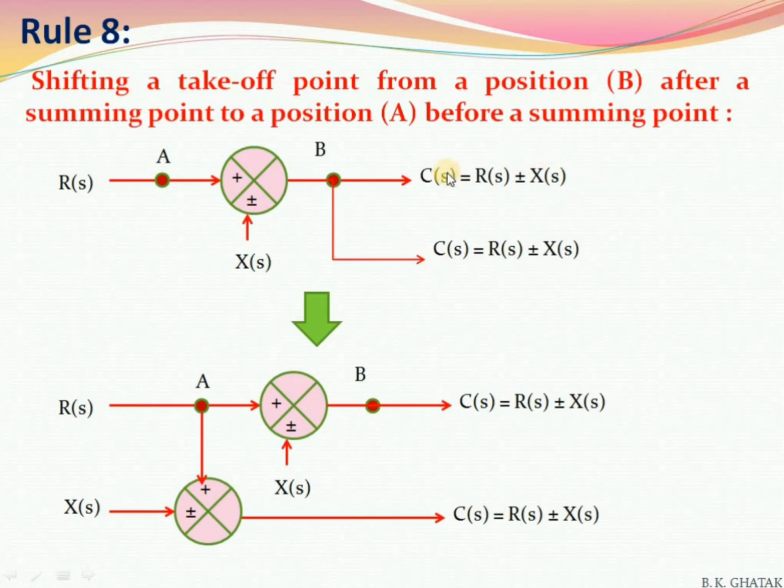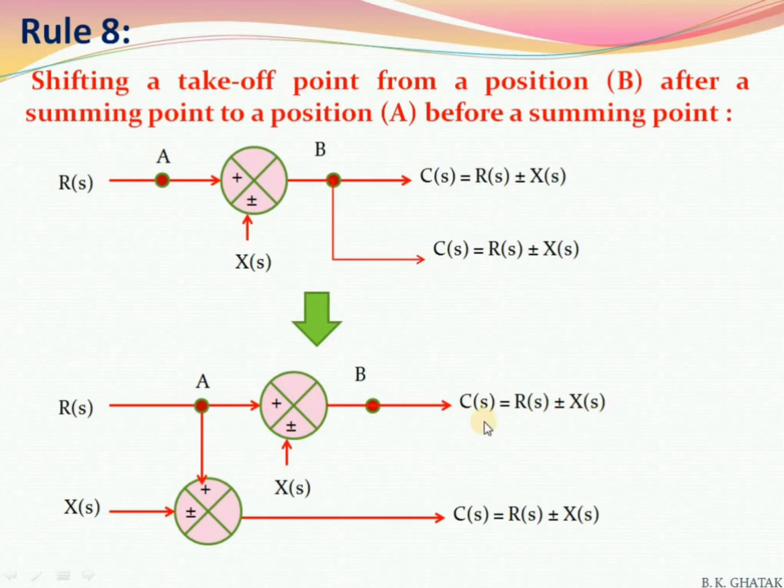So we should maintain these two outputs also as previous. So we shift this takeoff point from position B to position A. If we shift the takeoff point, one summing point is the same as previous, that is it has two inputs, one is RS, another one is XS, and we get the final output CS as RS plus minus XS.